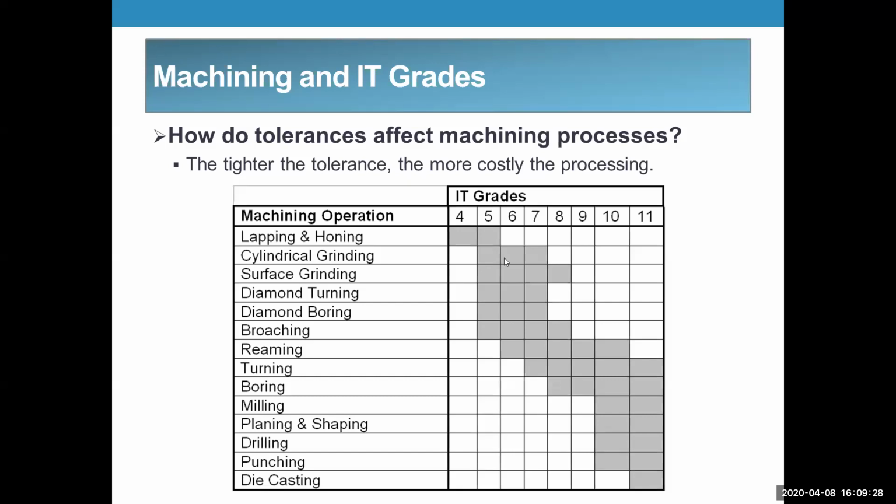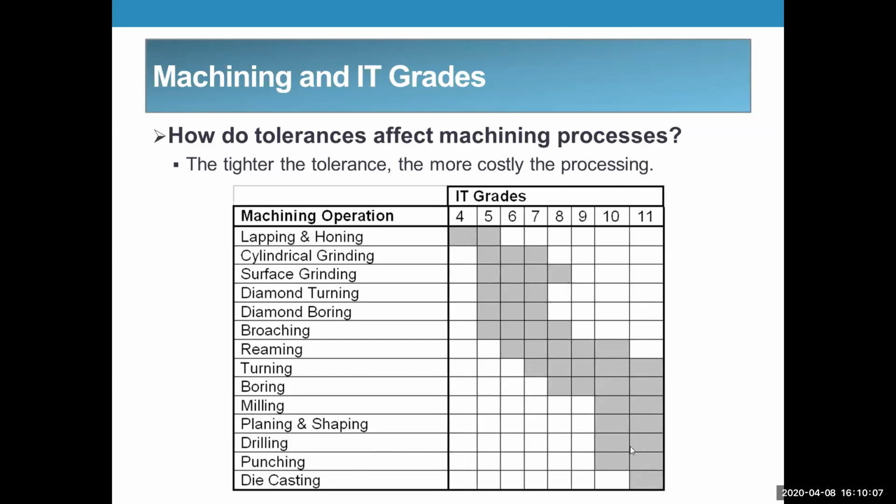But you can see as the numbers rise, the types of machining operations that are available to achieve those tolerances, and in turn surface finishes, change. The operations run from honing to grinding to turning with super hard tooling to more normal operations like broaching, reaming, turning, boring, milling, planing and shaping, and so on.